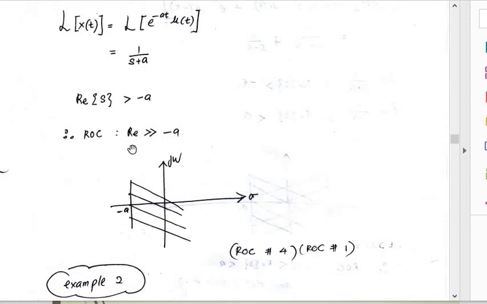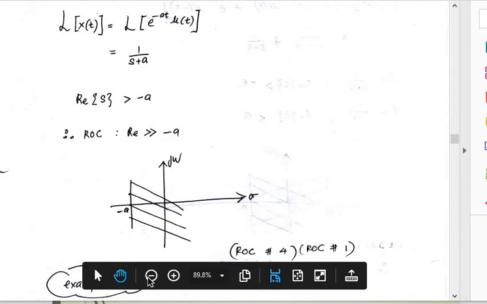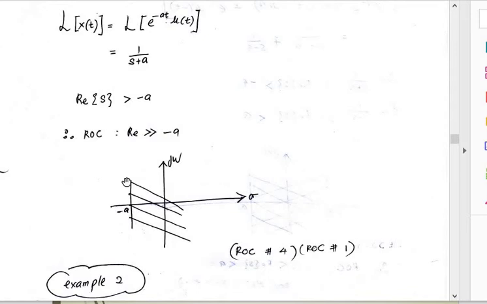In order to find the ROC, property 1 is parallel to the j omega axis. So s more than negative a, on the right hand side. The ROC is to the right of the rightmost pole of X(s).